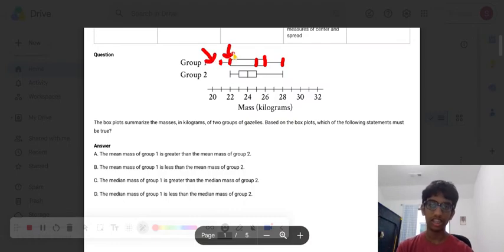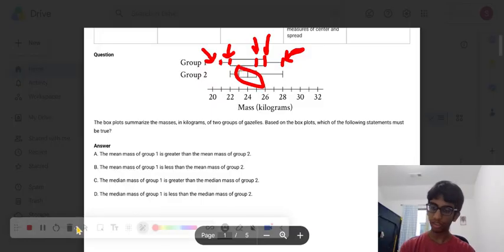Your second line represents your 25th percentile or quartile. Your third one represents your median value. Your fourth one represents your 75th quartile or percentile. And your last one is your maximum value. And also the box is called the interquartile range, or the range between 25 to 75%.